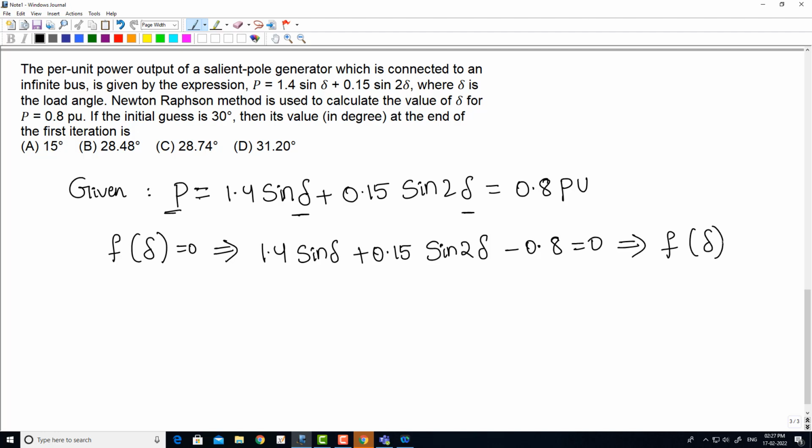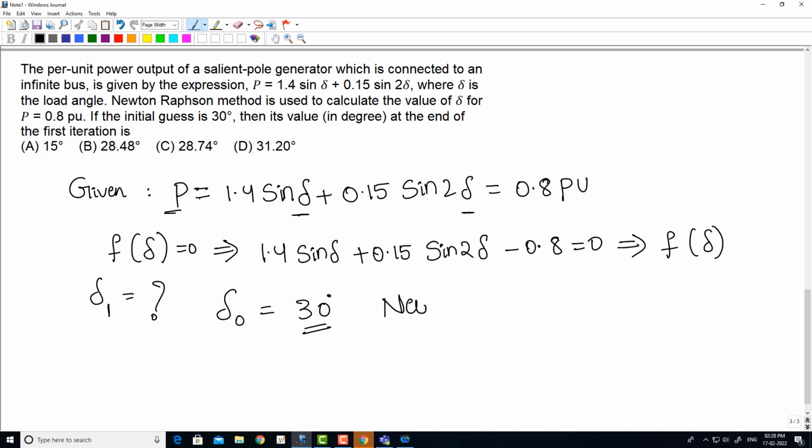So in the question, what have we been asked to find out? We have been asked to find out the value of delta for the first iteration. And also it is given that the initial guess delta naught is equal to 30 degrees. So which method do we have to use?